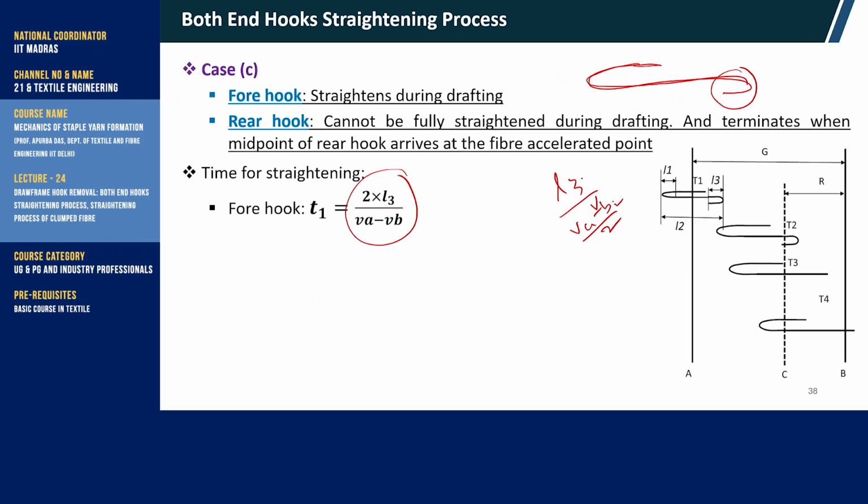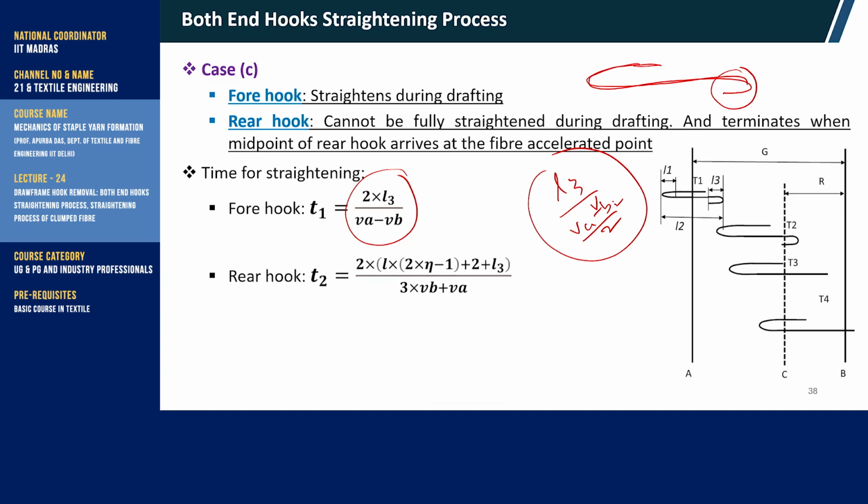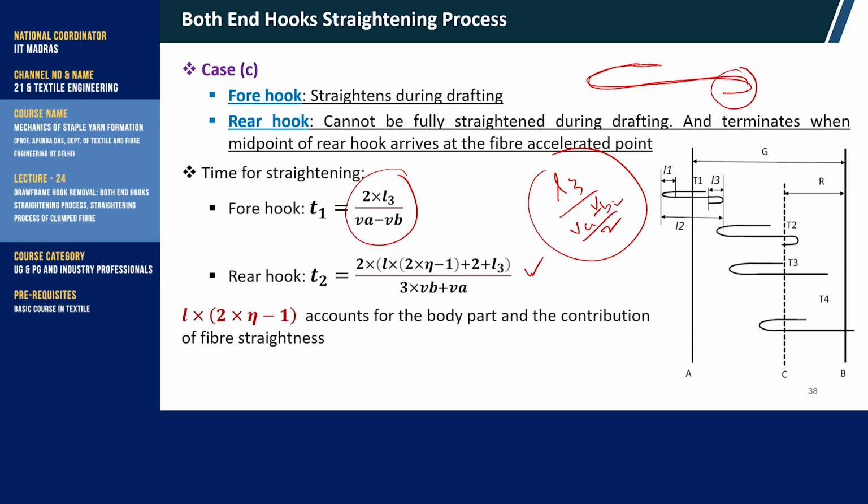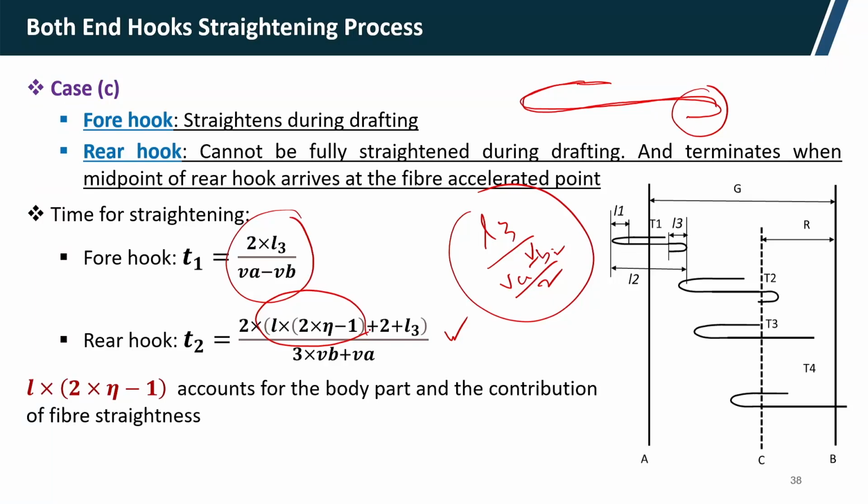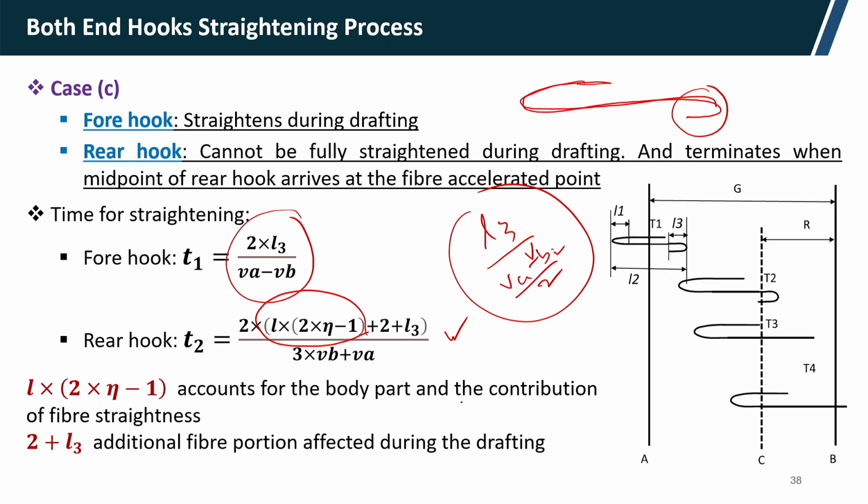So, this is the time required for the fore hook, and for the rear hook there is the equation for T2, where L multiplied by (2 eta minus 1) accounts for the body part and the contribution of the straightness factor, and L3 is the additional fiber portion affected during drafting.